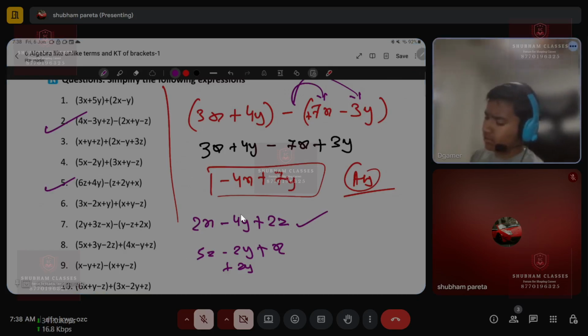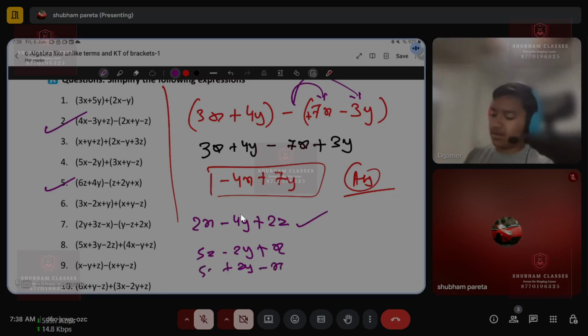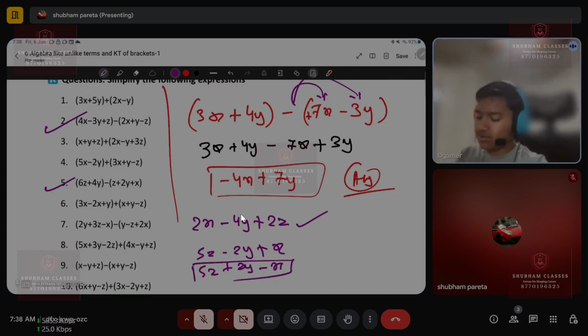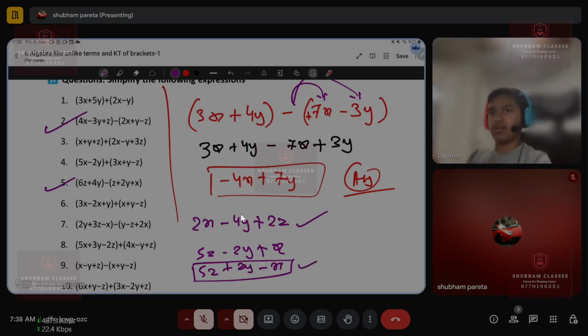I wrote it incorrectly. I think I told it correctly, but you might have written minus. So actually the final answer is 5z plus 2y minus x. That's what I got. Yeah, this is the correct answer.